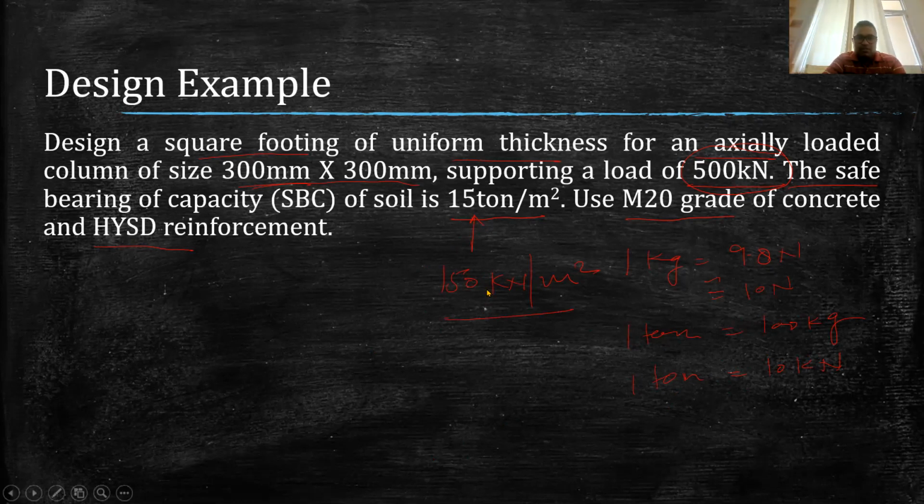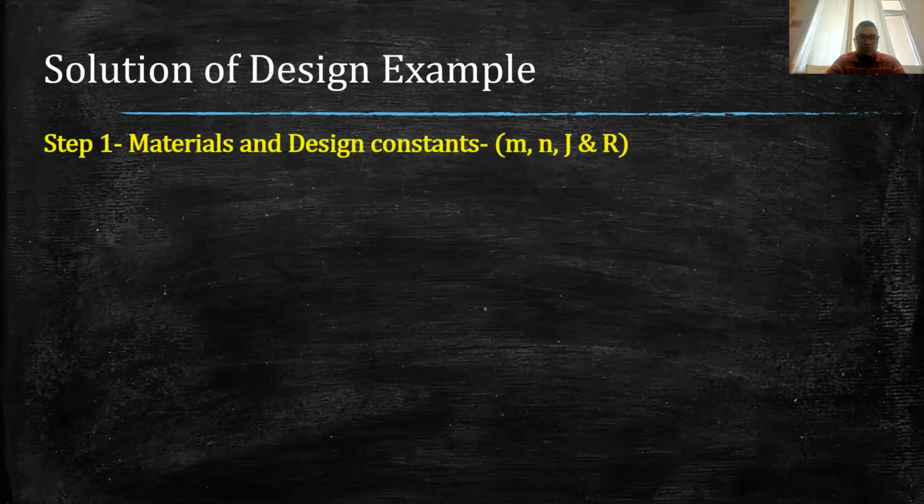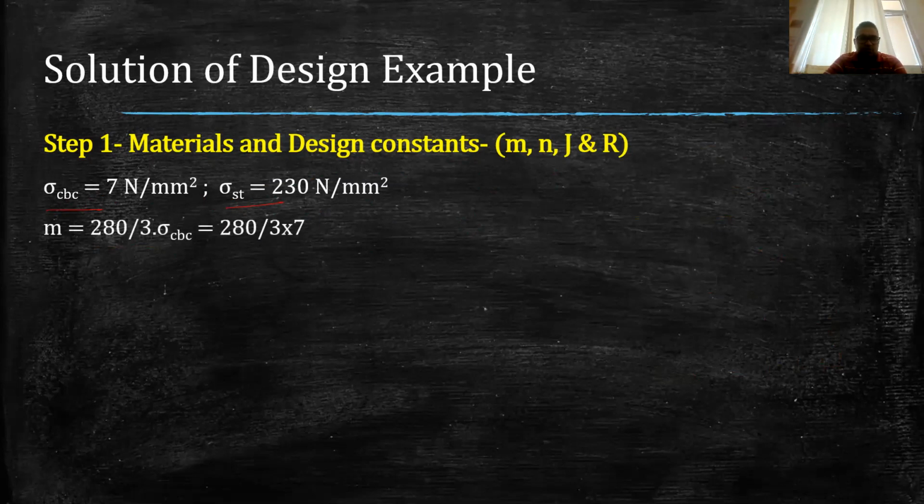So we will start our example. Our first step would be the same, which is we have to find out the material and design constants M, N, J, and R, and they are dependent on the permissible stresses sigma CBC and sigma ST. So we can directly find them with the help of the IS code. First we will calculate the modular ratio, which is 13.33.